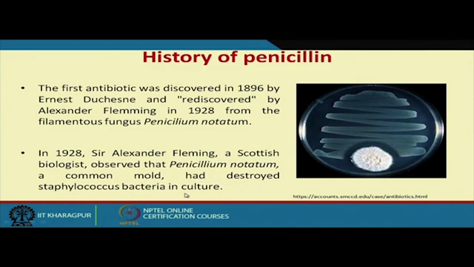Staphylococcus, we know, is a very harmful bacteria for us, and he found that the growth of Staphylococcus is greatly inhibited in the presence of this particular mold which produces the penicillin.